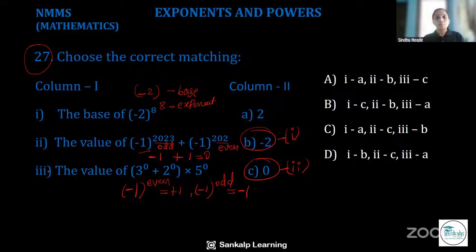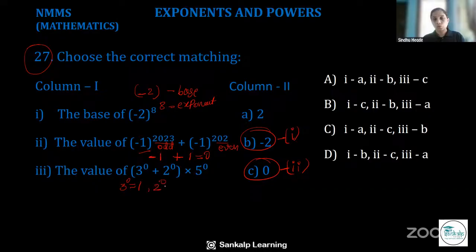Similarly for the third one, the value of 3 raised to 0 plus 2 raised to 0 into 5 raised to 0. 3 raised to 0 is 1, because any non-zero number raised to the exponent of 0 always gives 1.